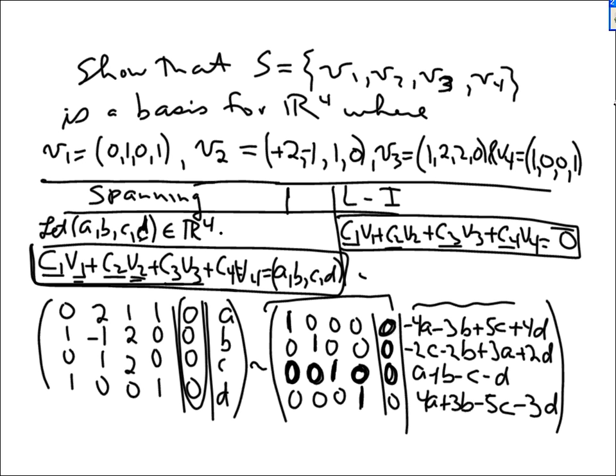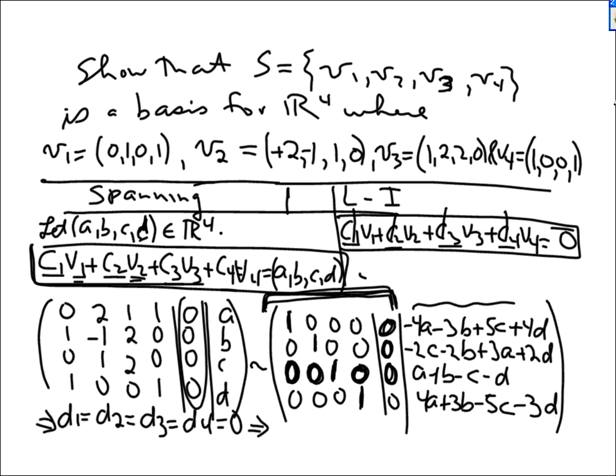Now, how about we just change these to D's? This portion of the matrix implies that C1 equals C2 equals C3 equals C4 equals 0. They're all zeros.